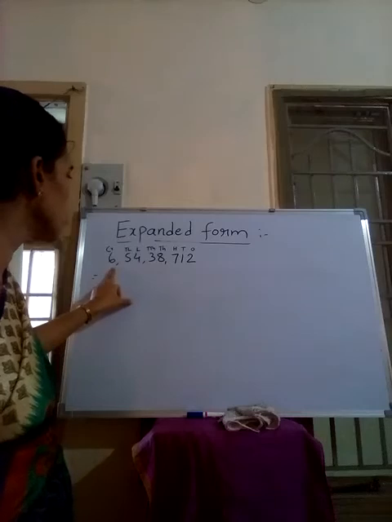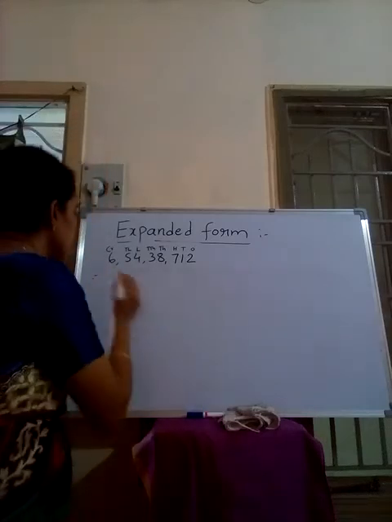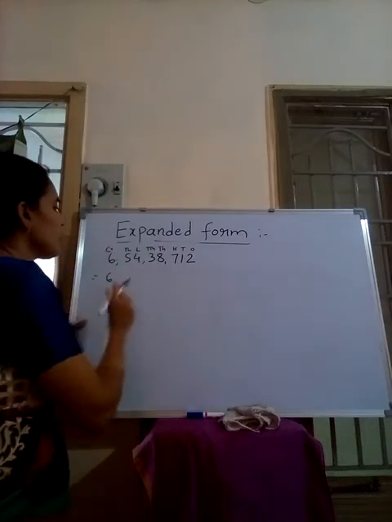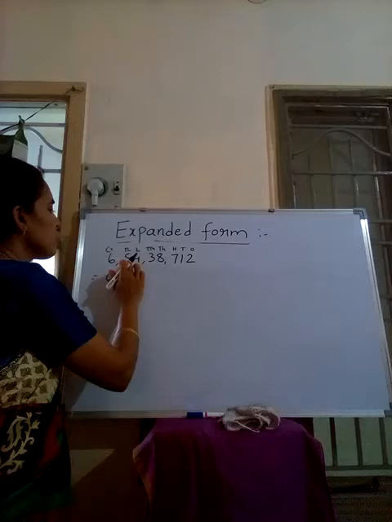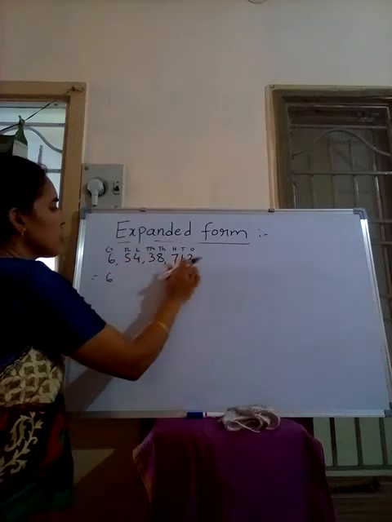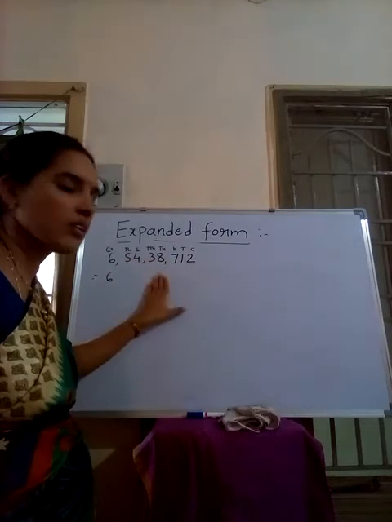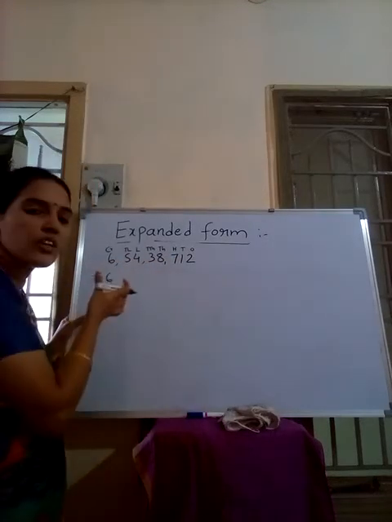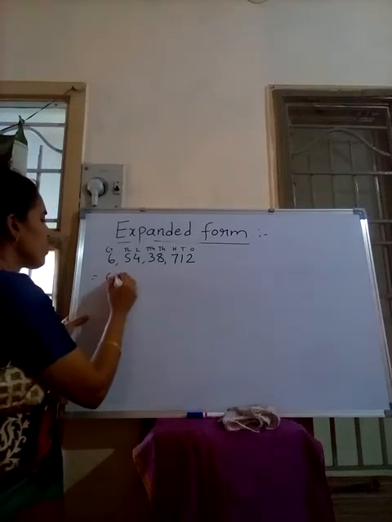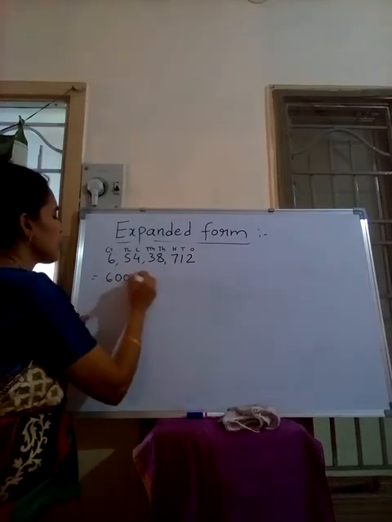What is its value? 6 crore. How many places are there here? Count: 1, 2, 3, 4, 5, 6, 7. Therefore we place 7 zeros. You know, crore is having 7 zeros.